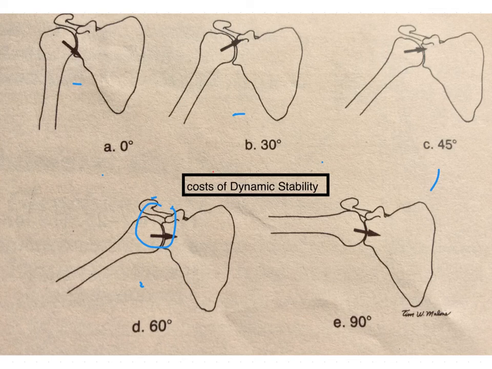It is due to limited vascularity, that means limited blood supply, and also its role both in the moving arm as well as the dependent arm.